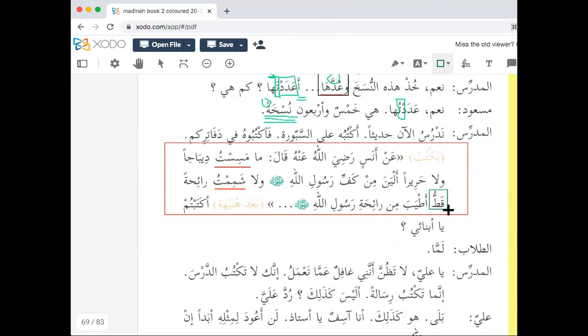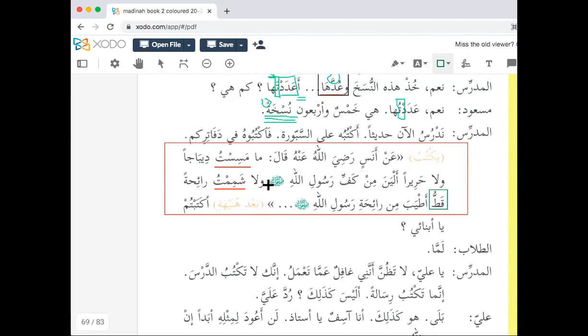And the opposite of qattu is abadan, which is for the future. Qattu is a negation, forever, in the past. Something never ever occurred. And the opposite of that, something will be forever, is abadan.